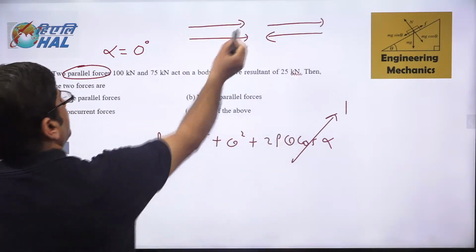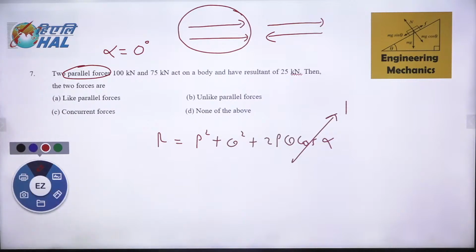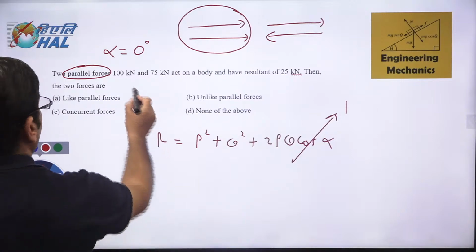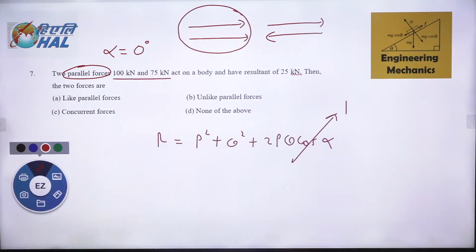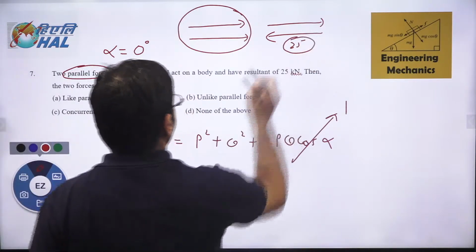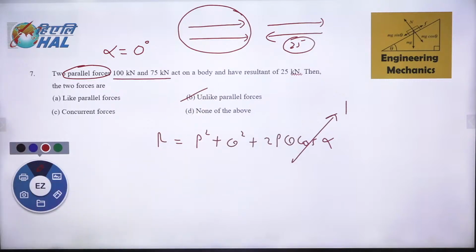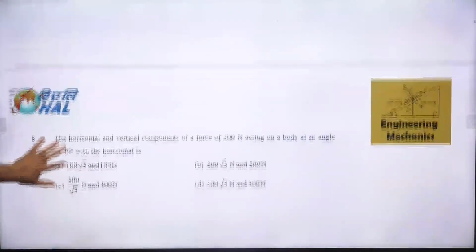Now we know if they are like this, then they are simply added, and this particular value will become P plus Q. But it is not 175. If they are opposite, then 100 minus 75, this becomes 25. So they are unlike parallel forces. That is the meaning of it. Okay, let's go for the next question now.